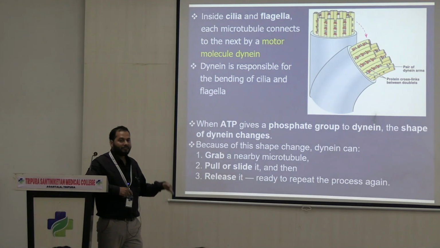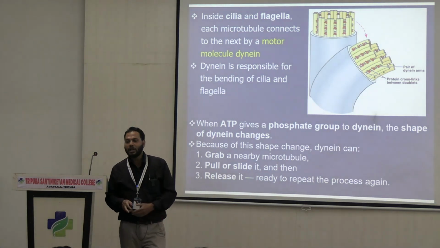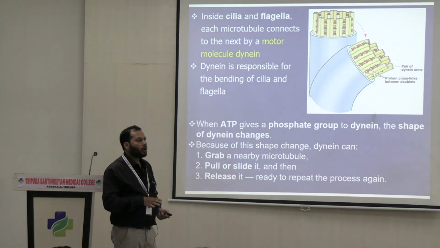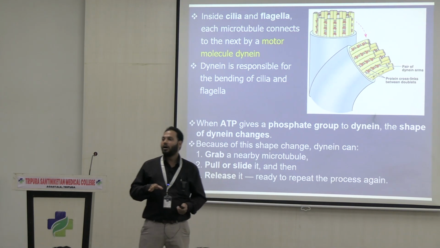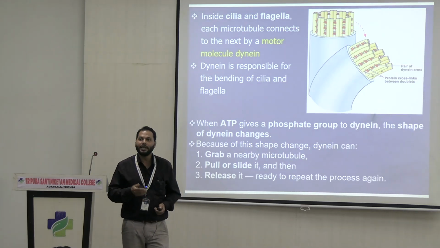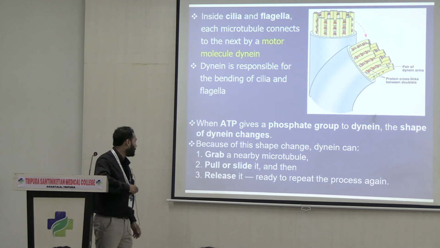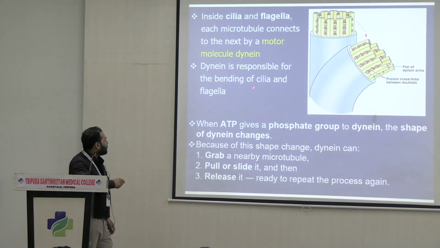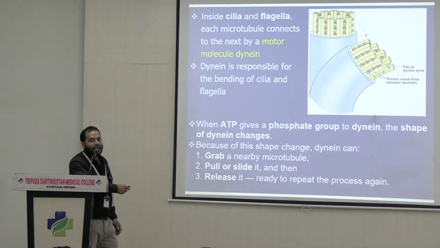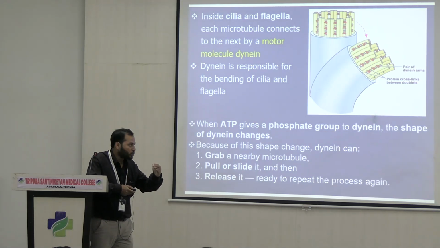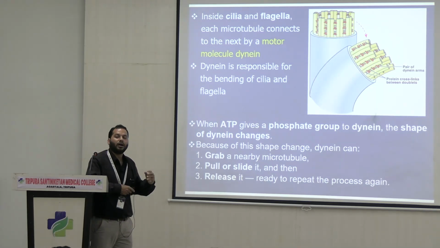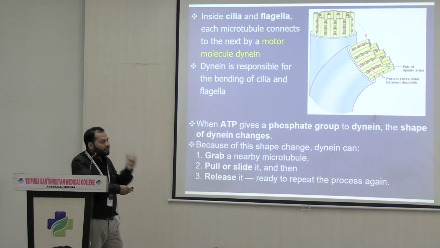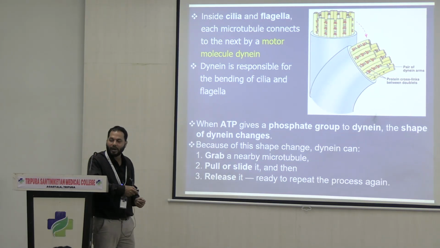And this ciliary and flagellar movement also needs some energy. If you see the whole process of ciliary and flagellar movements, and how the ATP molecules are involved, the binding of adjacent microtubules by dynein proteins allows the movement of microtubules during the motions, and the binding depends on a sufficient supply of energy provided by ATP.